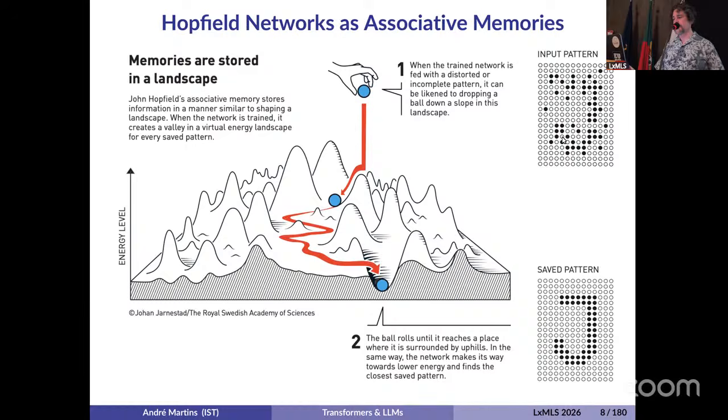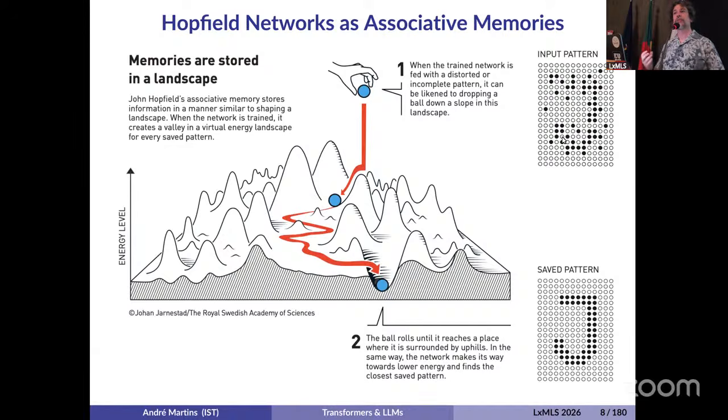So in a nutshell, the idea is that Hopfield networks define an energy landscape where the minima of this energy function are attractors, and when you provide some Q and you want to retrieve some memory that is similar to that Q, then you are going to do several iterations, which means you can think of this ball as traveling through the energy manifolds until it reaches one of these attractor points. Okay, and these attractor points correspond to the patterns that are memorized.